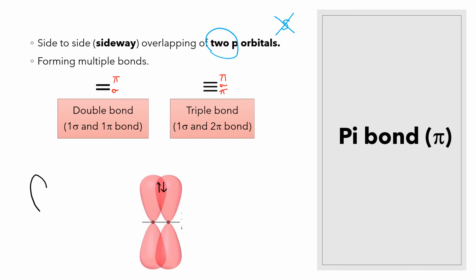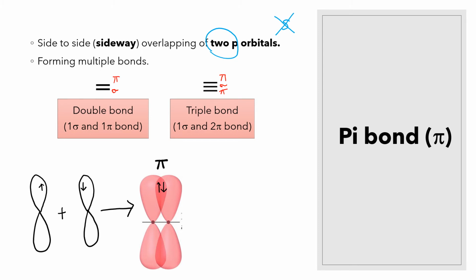So pertama sekali, at first we have this one p orbital react dengan another p orbital. So di dalam setiap p orbital ini akan mengandungi sebanyak satu elektron. So when these two orbitals approaching between each other, mendekati antara satu sama lain, okay, in this orientation, maka akan berlakulah side to side overlapping yang akan menghasilkan pi bonding di situ.